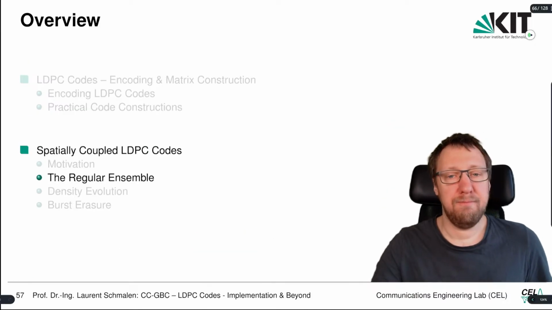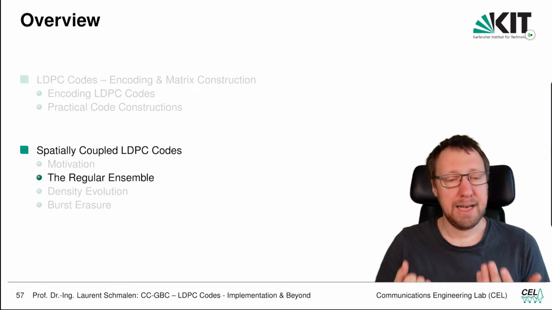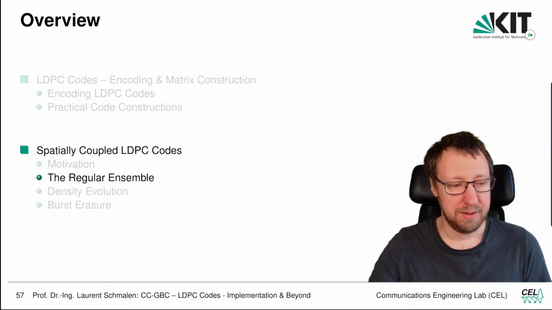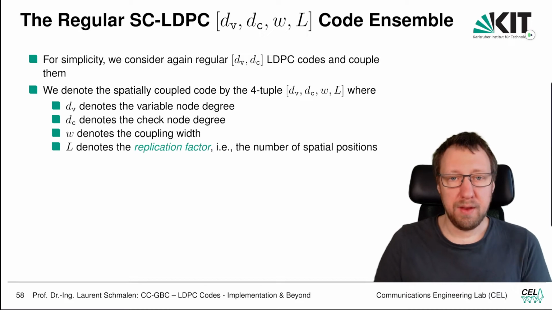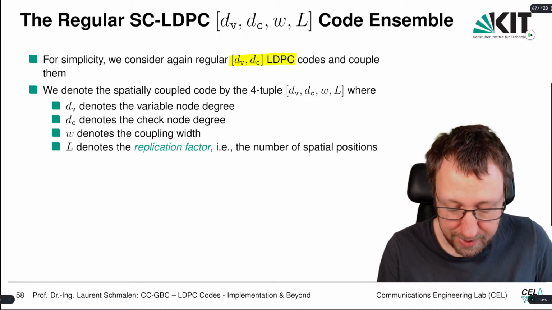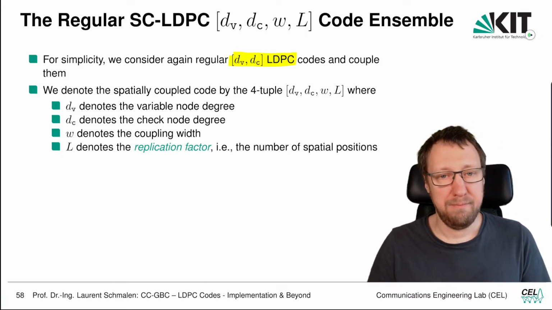Okay, so now we can introduce the regular ensemble of spatially coupled LDPC codes. So we start with the dv-dc LDPC codes, and what we do is we couple them.